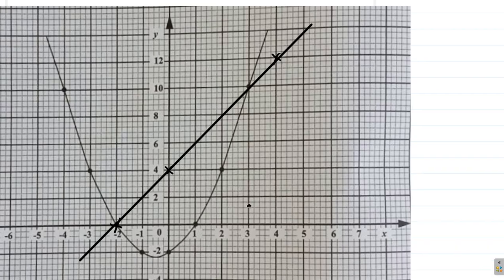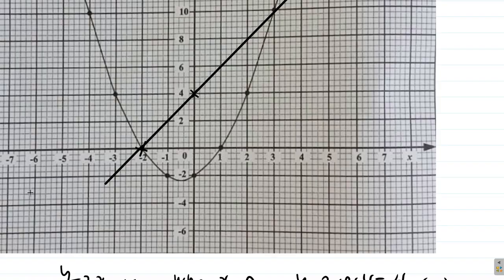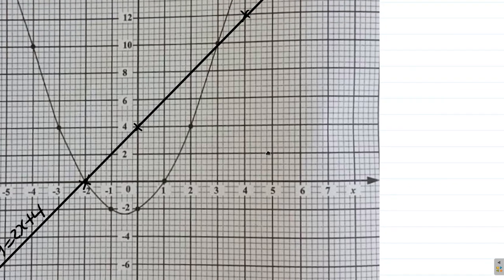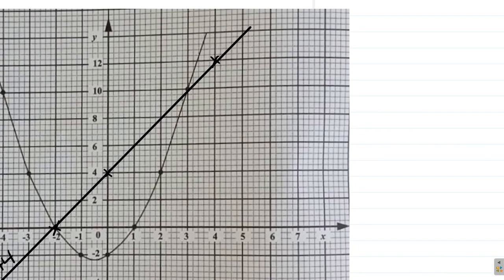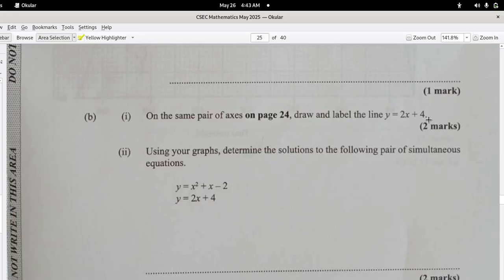Let's extend this down, we don't want too much writing in this region. So let's extend this down and write y equals 2x plus 4 here. Y equals 2x plus 4.